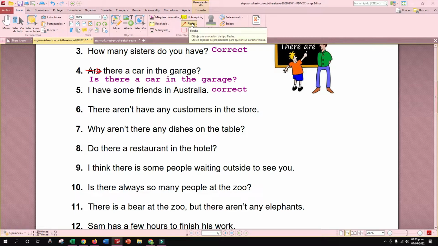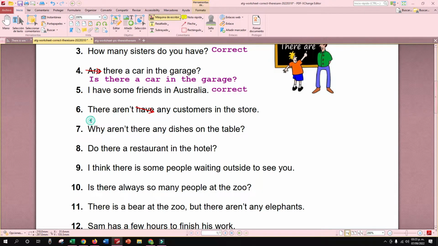Which is the mistake, girl? ¿Cuál sería el error? Que no tiene que ponerse have, porque como lleva there aren't, el have no se pone. Excellent. No utilizamos have, right?